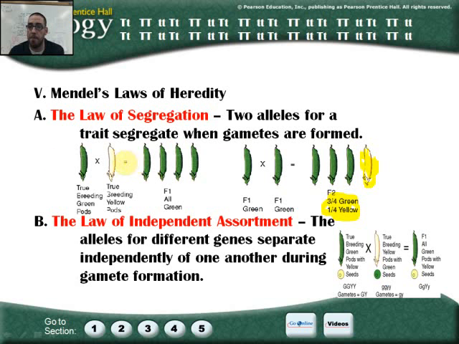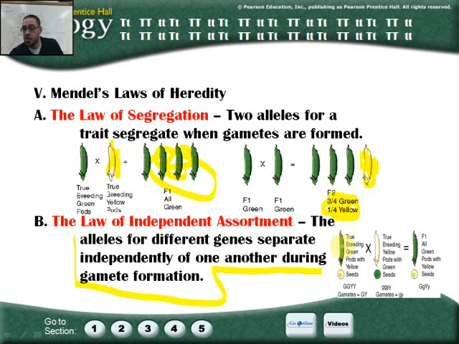So that yellow pod that you see at the beginning, because it's true breeding, it gets hidden in this generation, and then it reappears because of the law of segregation, because they will separate from each other independently during meiosis.